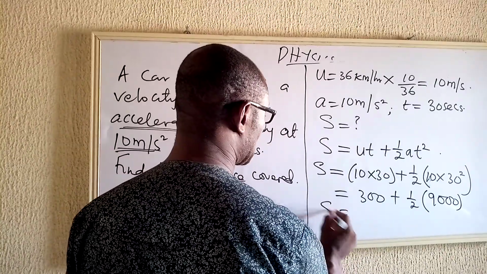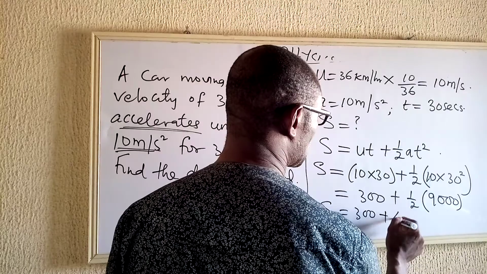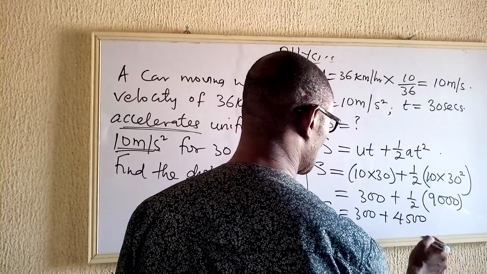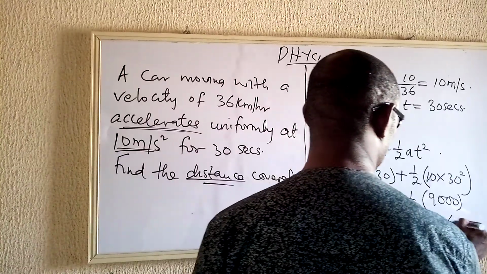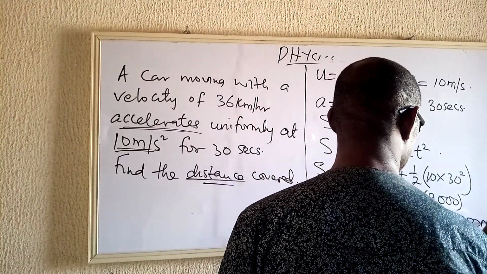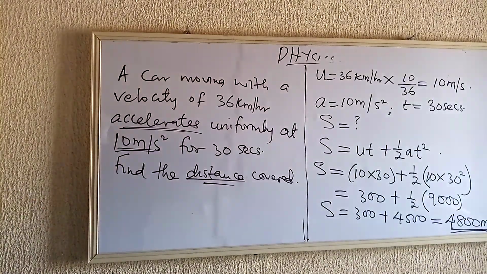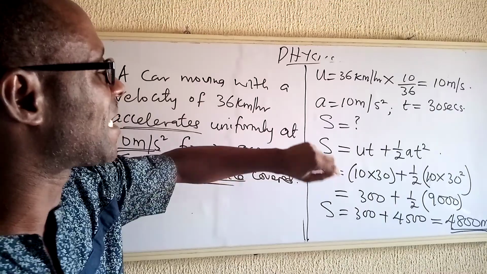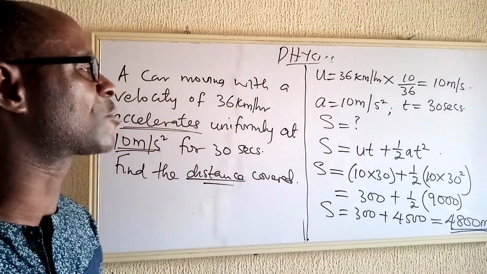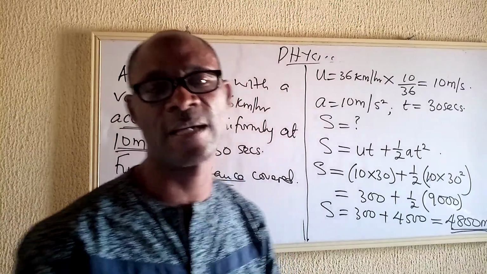So s will be 300 plus 4,500. And what is the final answer? That's 4,800 meters. So that is the distance covered within 30 seconds, having accelerated at 10 meters per square second with a starting velocity of 10 meters per second.